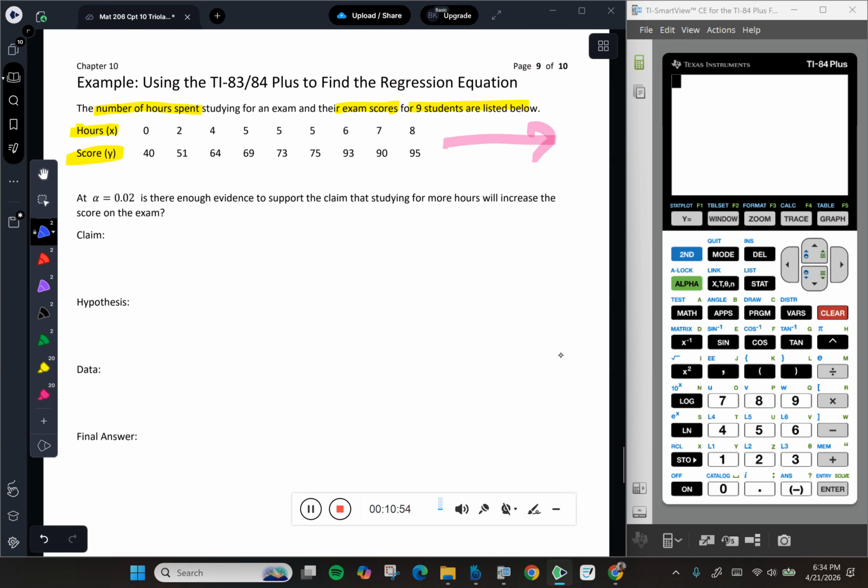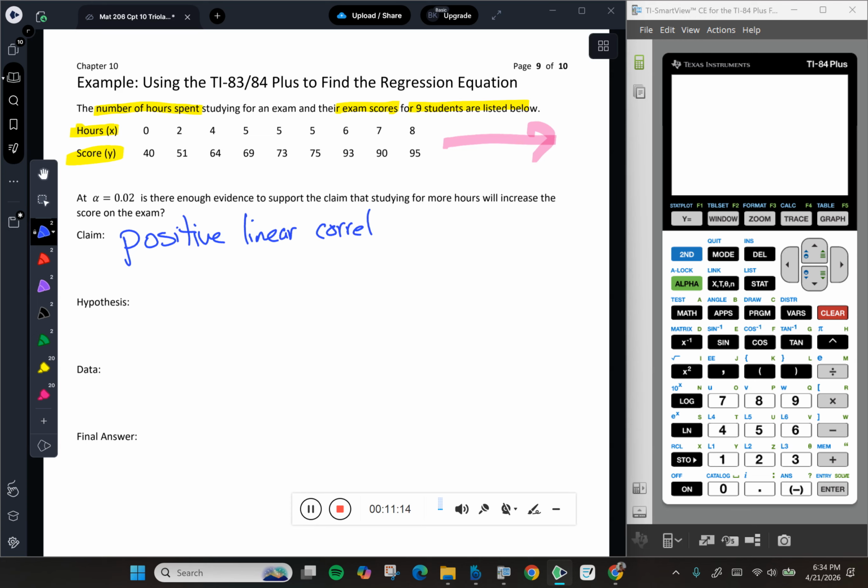Okay? So our claim is, okay, studying more hours will increase the scores on the exam. So the claim is that there is a positive linear correlation.